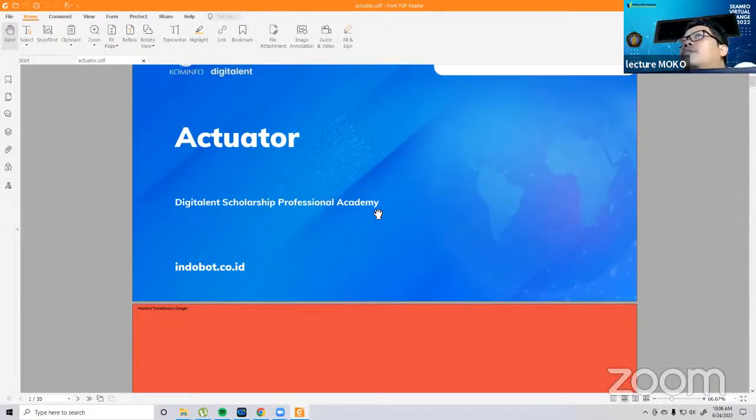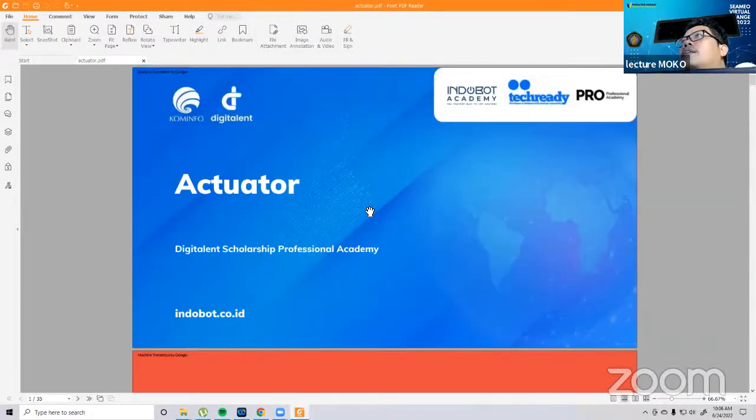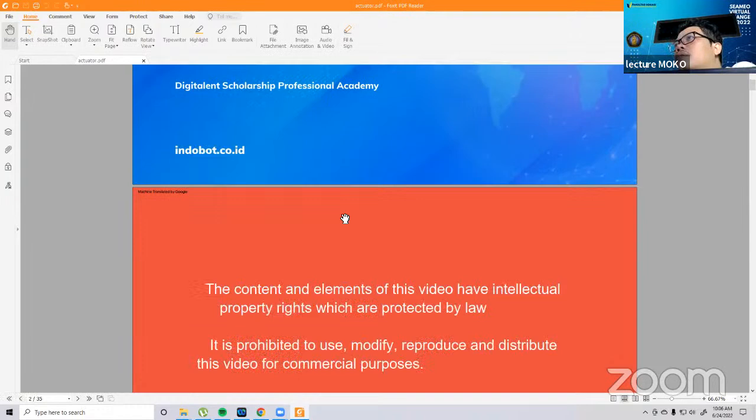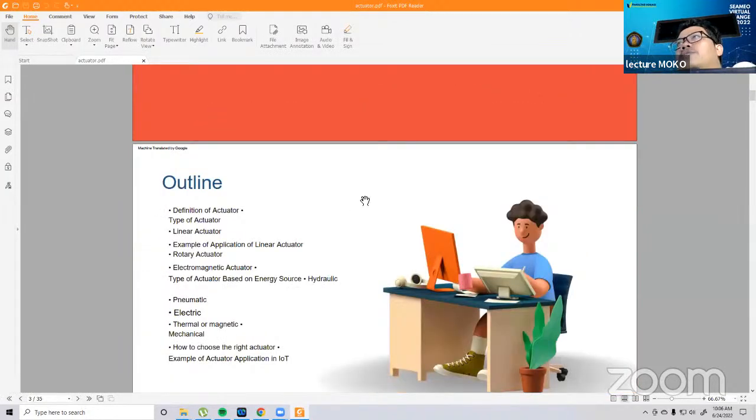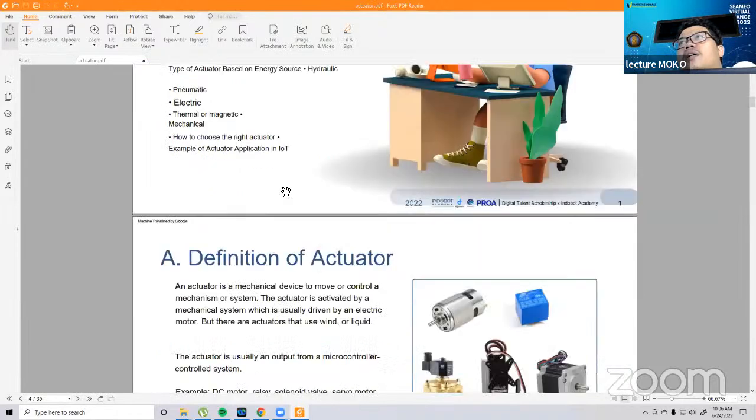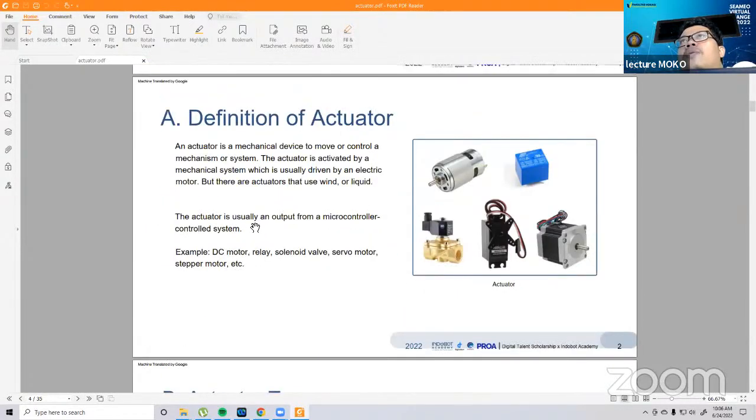Okay, actuator is one of the important components in an IoT development system. We need sensors, controller, and actuator. They will work together.